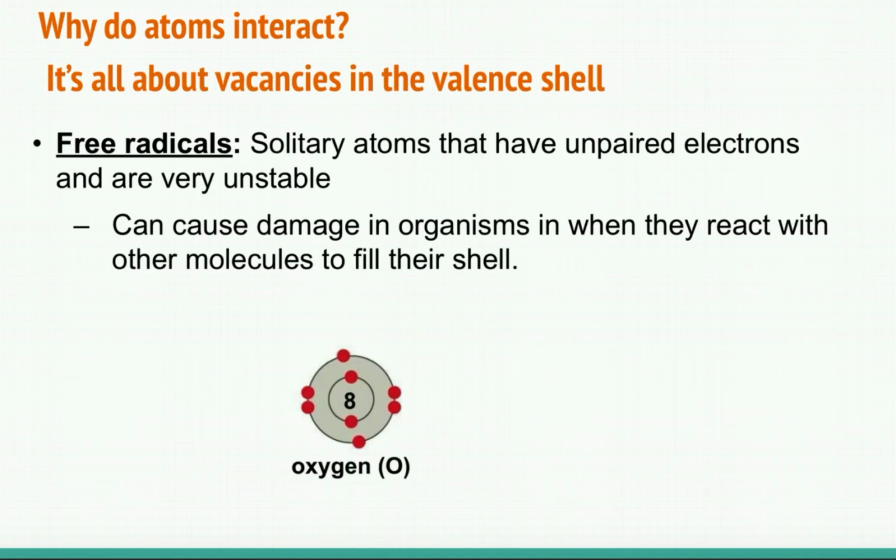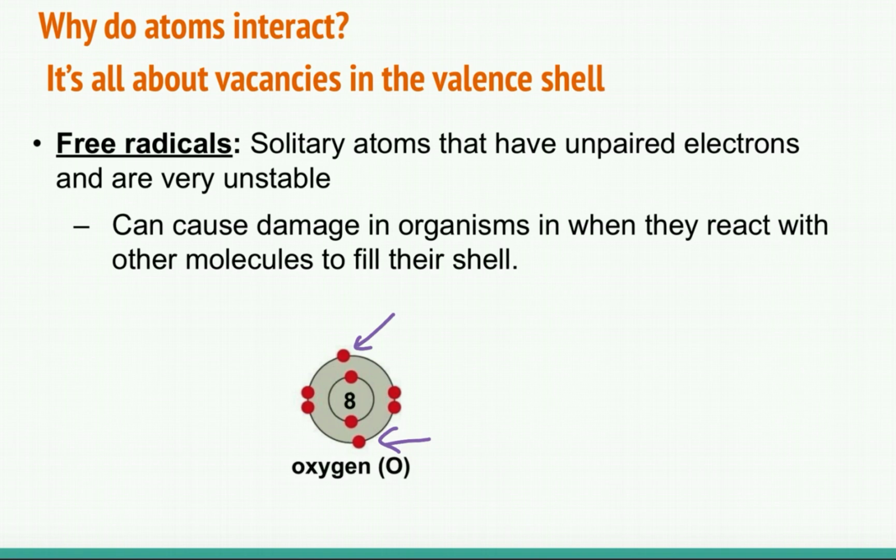One last thing I want to mention, by the way: the normal neutral atom, oftentimes if this atom has an unpaired electron, meaning empty slots, it's going to be very unstable by itself, and it is going to have the ability or desire to want to interact with something else.